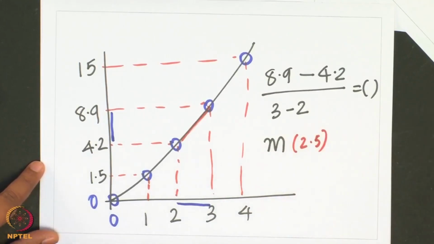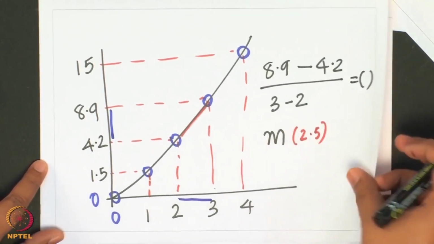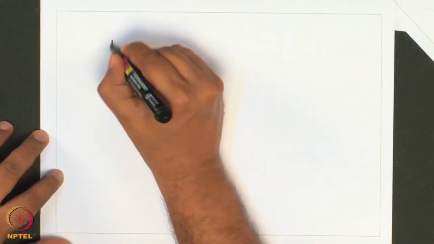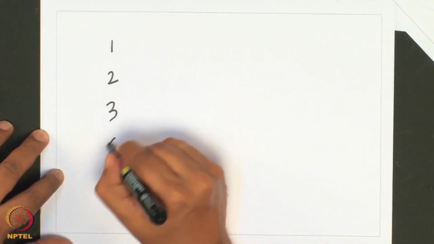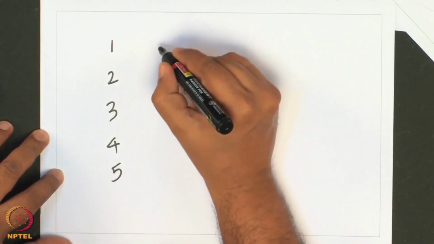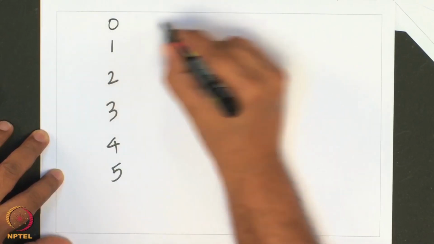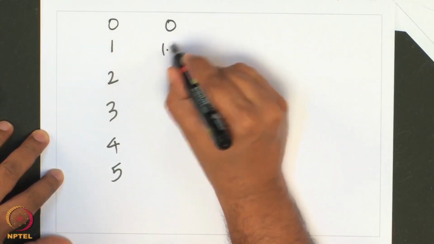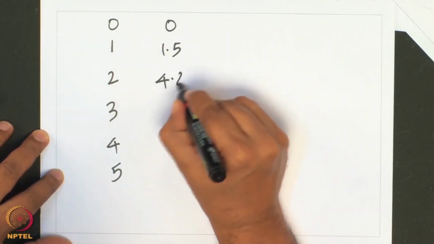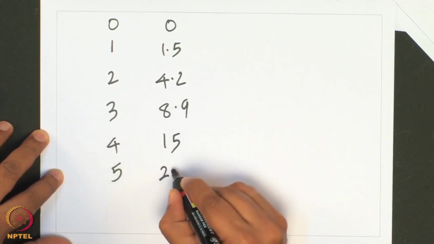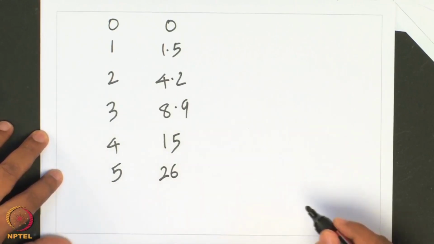Now, for this data, imagine that I have 1, 2, 3, 4, 5, and correspondingly you have 0, 1.5, 4.2, 8.9, 15, 26 or some values like this.